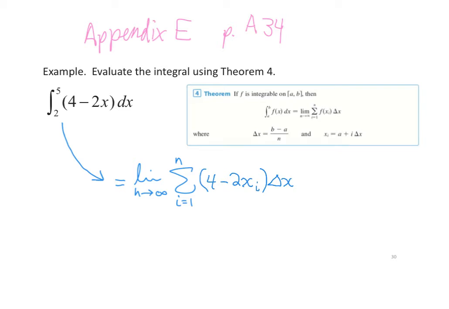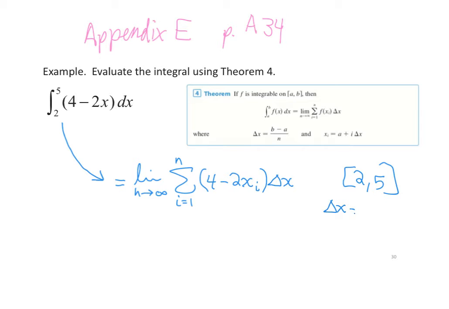Now, my interval is [2, 5]. How do I know that? I know it because this integral is going from 2 to 5. And I know that delta x can be expressed this way, and xi, I need a general formula for xi, can be expressed this way. So let's do those calculations on the side here.